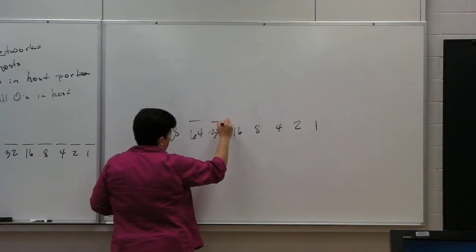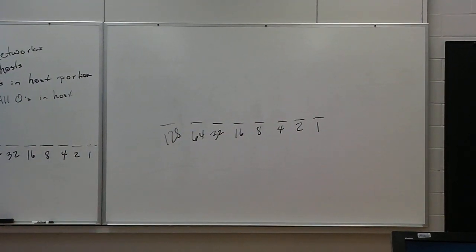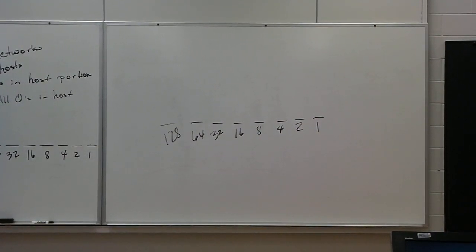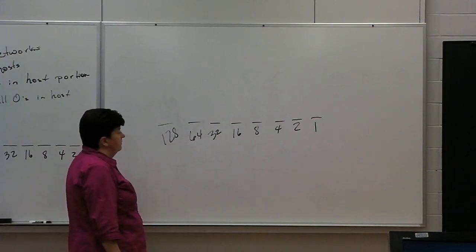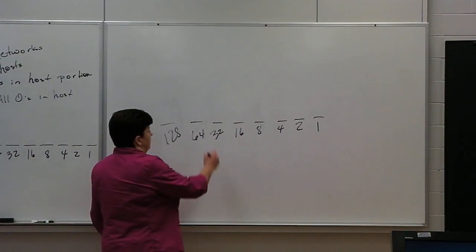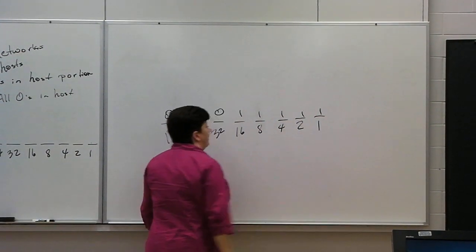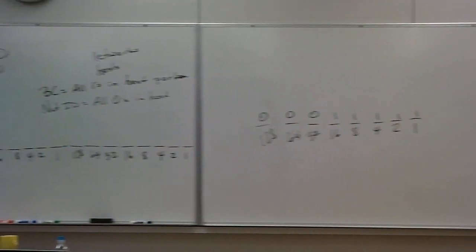If I did this, and I said, write for me the number 31 in binary, how would you do that? Add the first five. It's gonna be 0, 0, 0, 1, 1, 1, 1, 1.